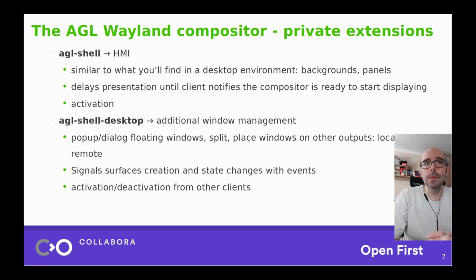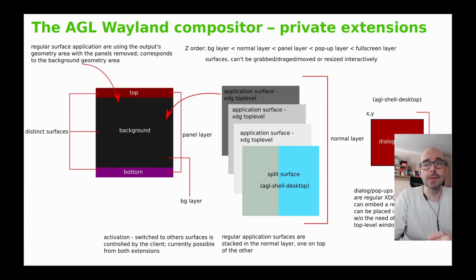Now, this diagram shows how the compositor stacks different surfaces with the help of these private extensions. On the left is the HMI with distinct surfaces, each assigned to a different layer. And these layers are similar to what you'll find in IVI shell. They have different stacking positions in terms of the z-axis.